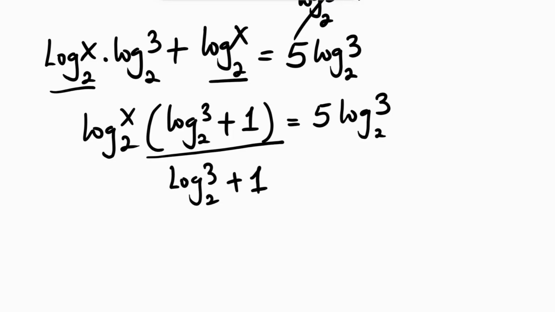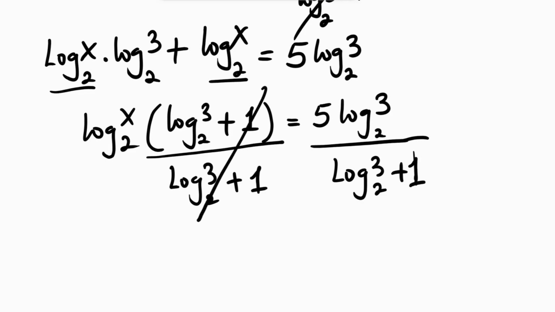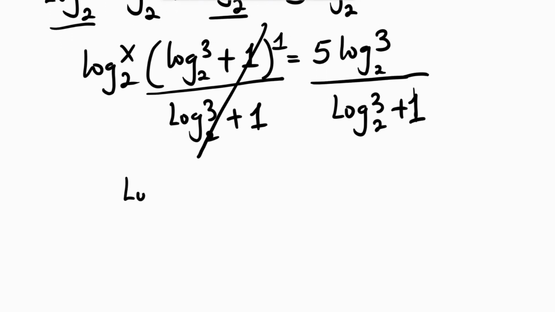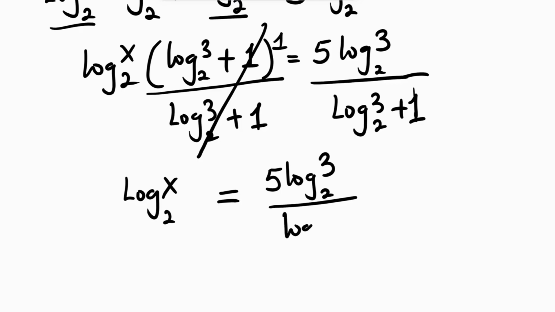We need to get rid of this, so this can cancel out. That's 1. So now what we have is log of x base 2 being equal to 5 log 3 base 2 divided by log 3 base 2 plus 1.